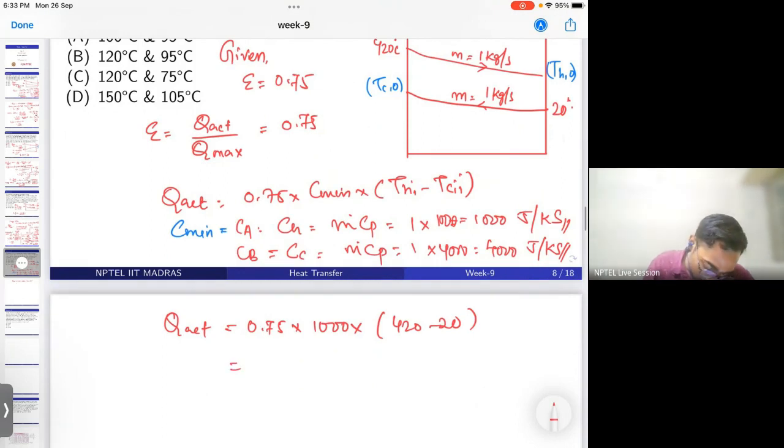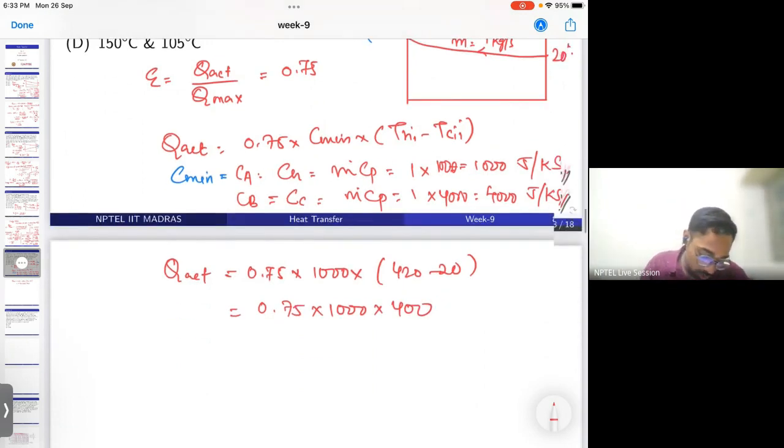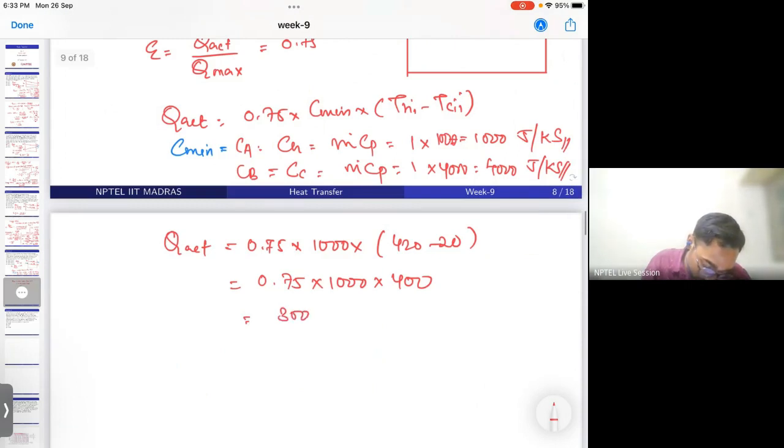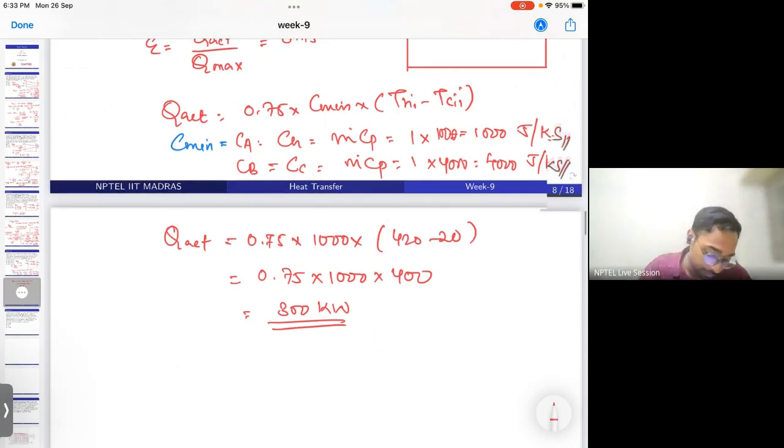That is 0.75 into 1000 into 400. It will come out to be around 300 kilowatts, which is the actual heat transfer of the heat exchanger.